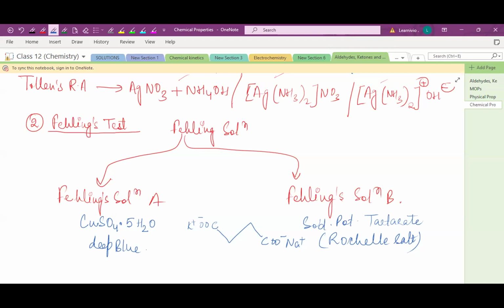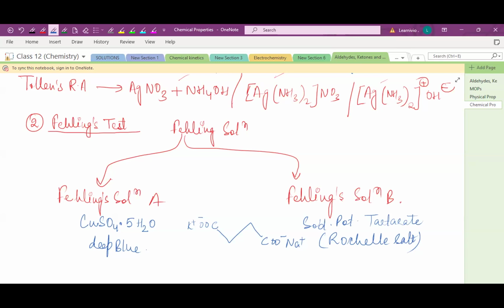Before performing the Fehling test, you have to combine these two. Take the amount you need, say 5 ml Fehling solution A and 5 ml Fehling solution B, just combine them together, and you can use this in a test.